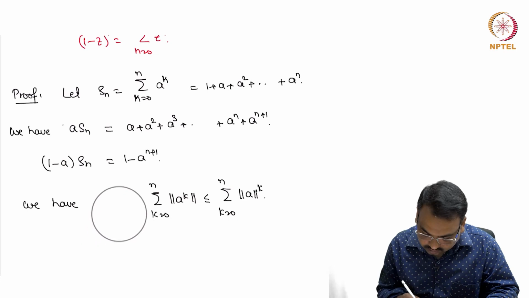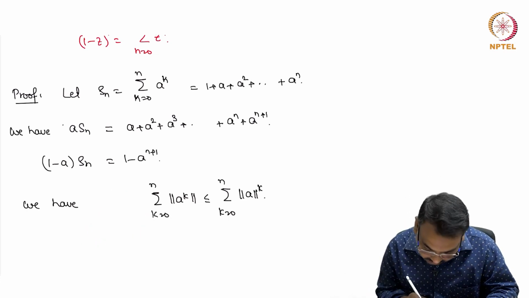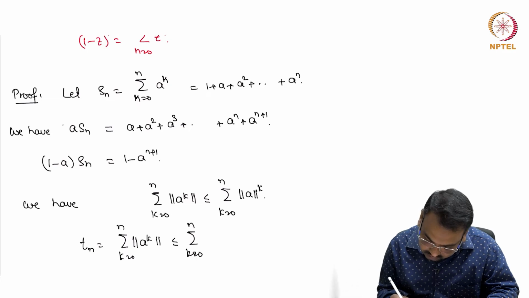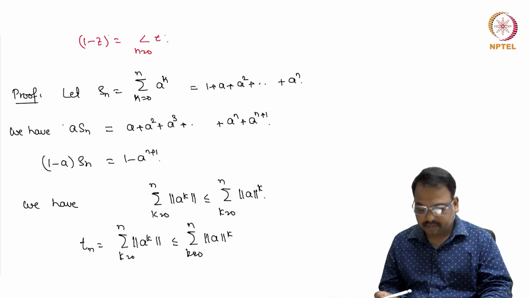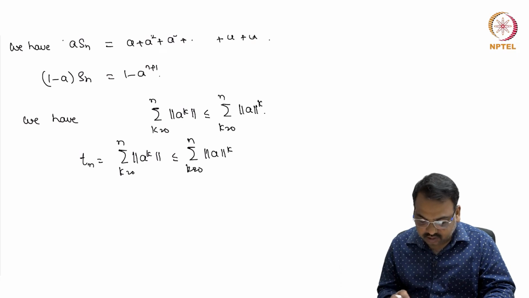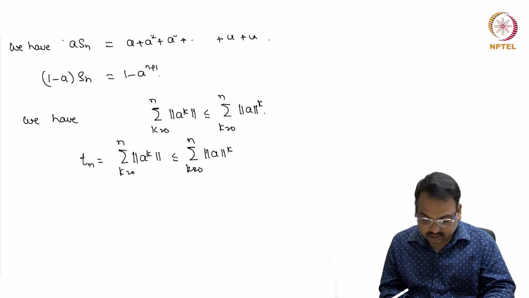So if I take Tn as summation k equal to 0 to n of (norm a) power k, the right hand side series is convergent because norm a is strictly less than 1. It is the nth partial sum sequence of a convergent series, that is the geometric series.